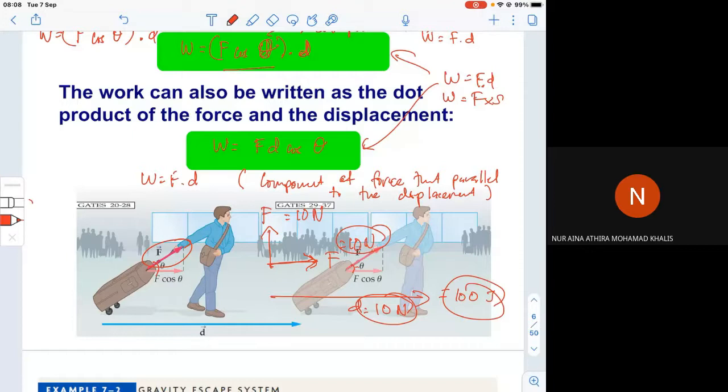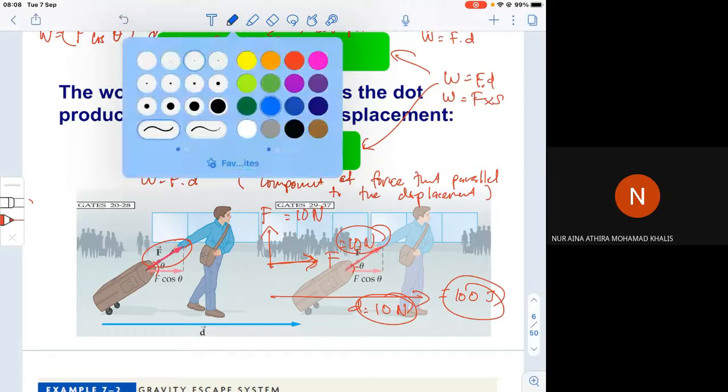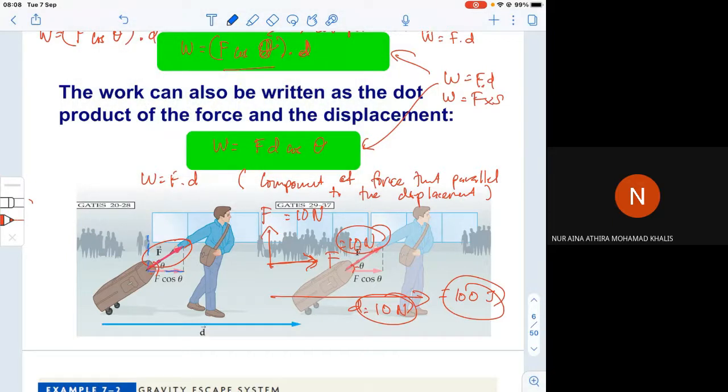When the force has some angle to the displacement and is not parallel to it, we need to resolve it into its components. F cos theta is based on our agreement on how to resolve the vector into its components.